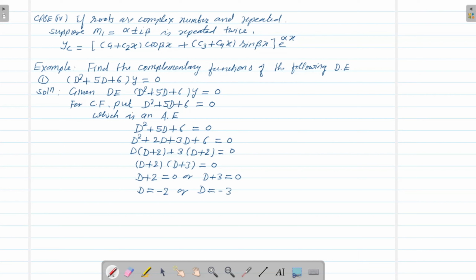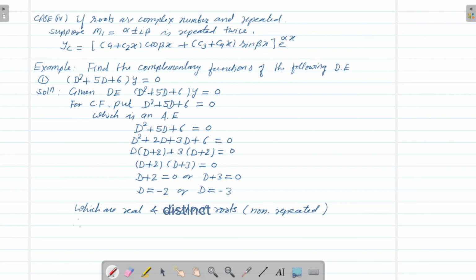These are real and distinct roots, meaning non-repeated roots.